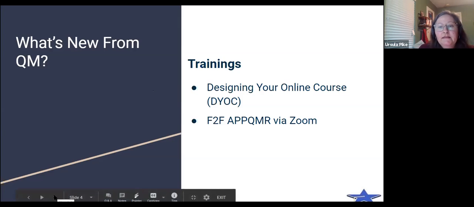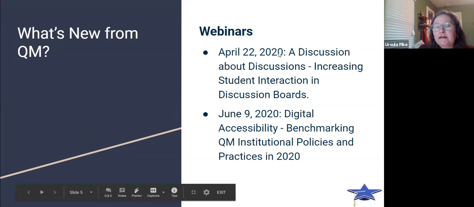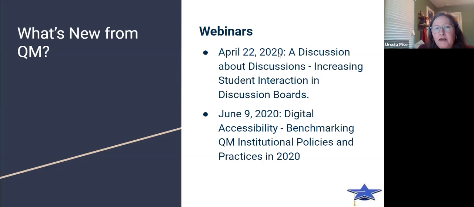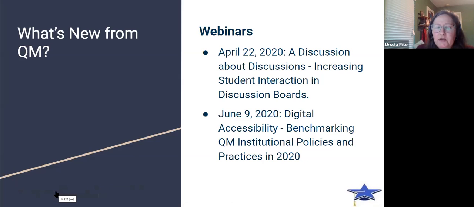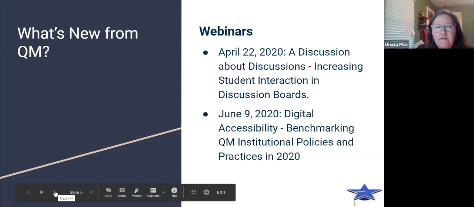As far as the webinars scheduled from QM directly, there's one I know several people have registered for, a discussion about discussions. Then there's another one later in June. I know there was just one about research. I have just been checking the QM professional development website, and also following them on Twitter.